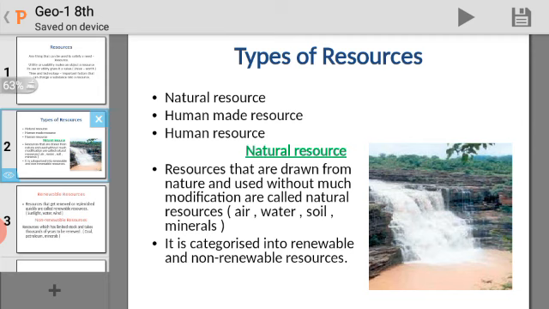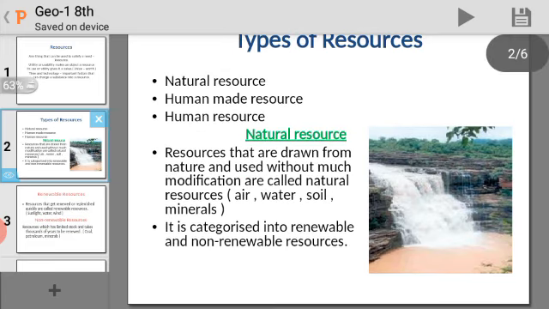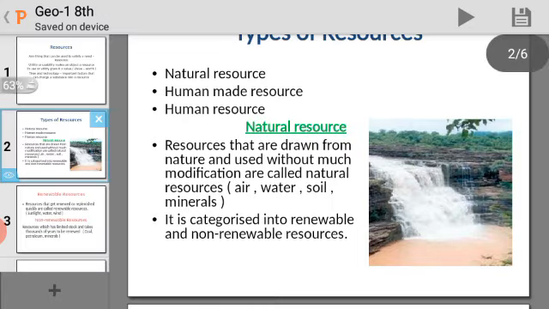All these things are gifts of nature, and we have to use these in any condition, and we are using them too. But we are using them without much modification. And this natural resource is categorized into renewable and non-renewable resources.